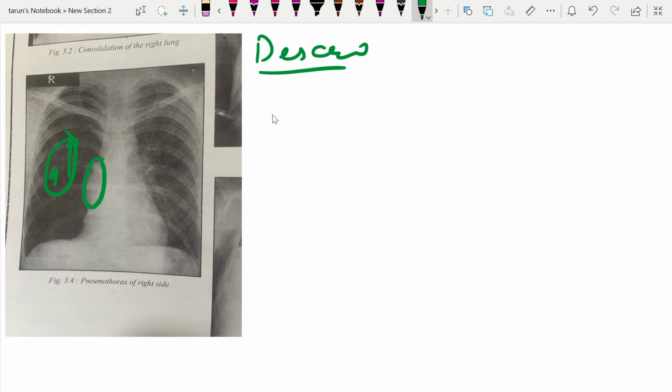Both the costophrenic angles are more or less clear. The cardiac apex and trachea are not shifted.